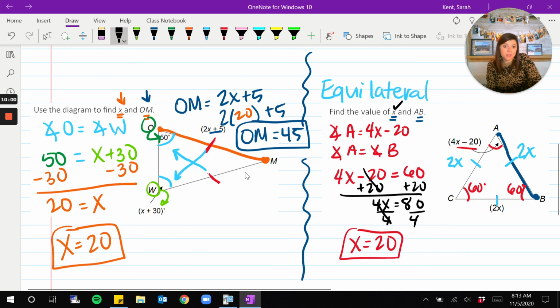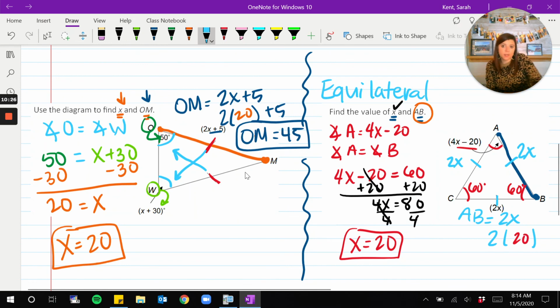So we found x, but we still need to find AB. So we said earlier that AB is 2x. So just like on the last problem, I can rewrite this, but here I can plug in 20 for x.